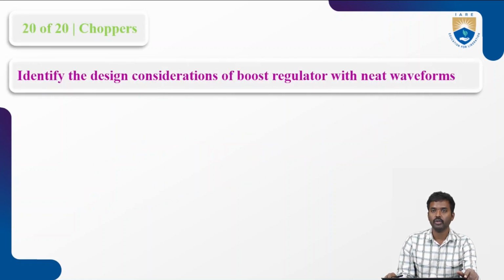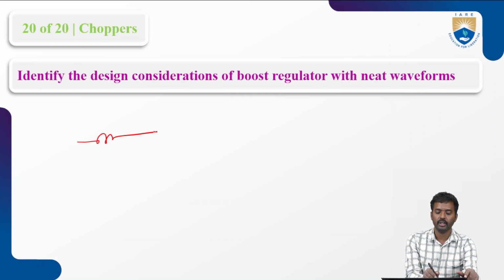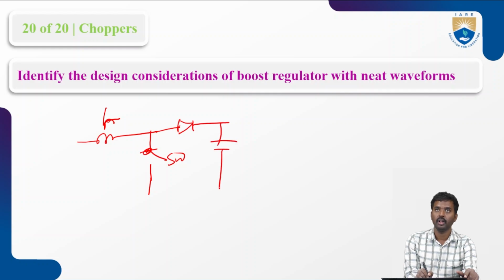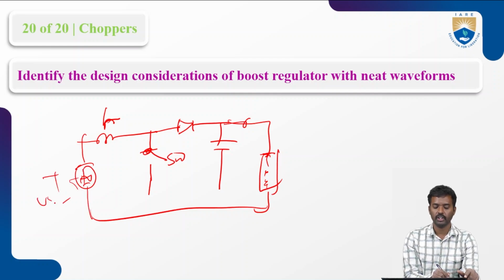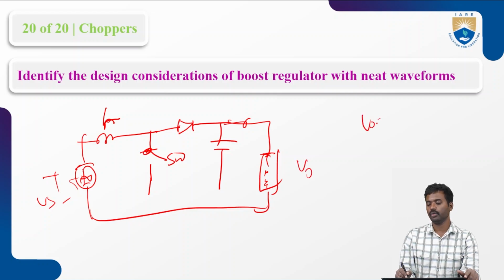And next, boost converter means this is the inductor L and this one is the switch. Here this is the diode and this is the capacitor, and this is the load, with supply voltage Vs. V0 equals Vs by 1 minus delta.